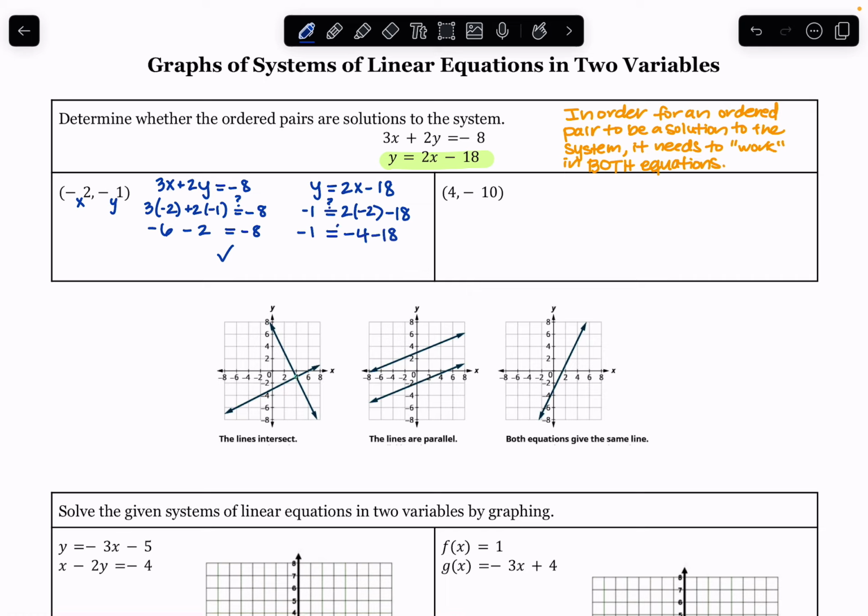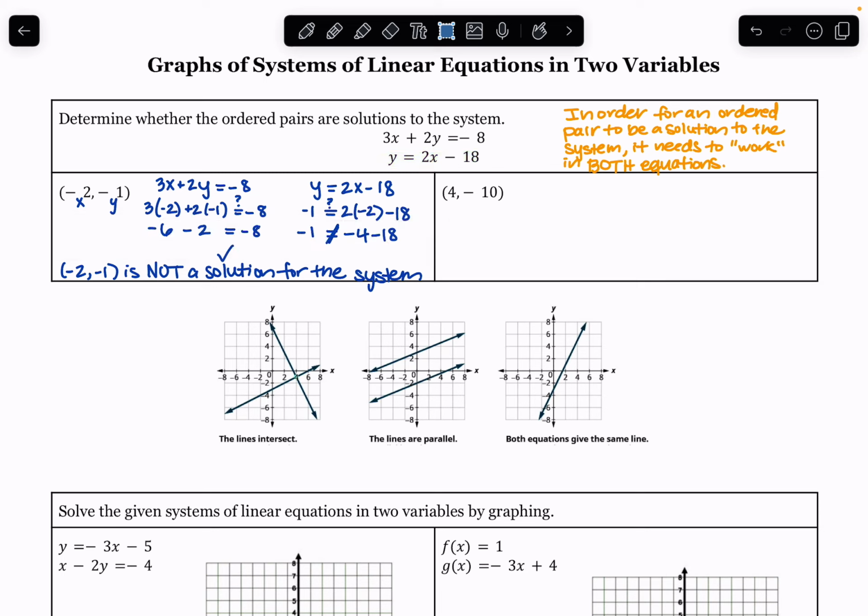And that is not true. So I'm going to put a little x here. So that would mean negative 2, negative 1 is not a solution for the system. Because it did not work in both, negative 2, negative 1 is not a solution for the system. It works in the first one, not the second one, so it's an all-around no.